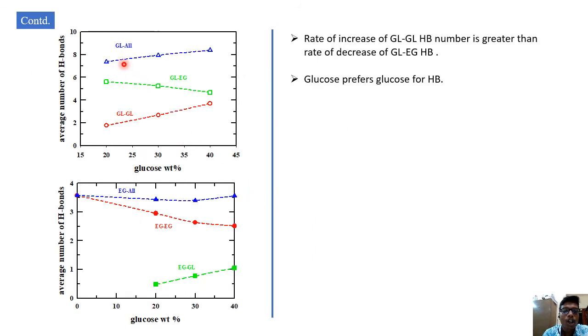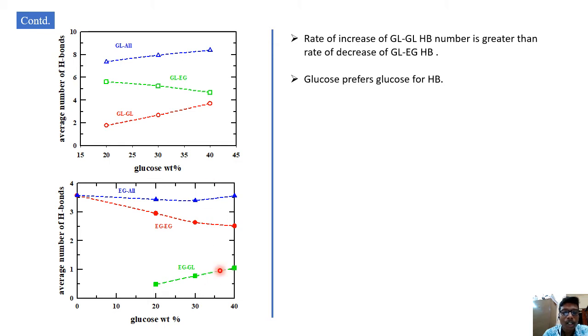This can be again observed from these figures. Here we can see that the glucose-glucose interaction increases and the glucose-ethylene glycol interaction decreases with increasing concentration, and this rate is much more than this one, and the overall number of hydrogen bonds increases.